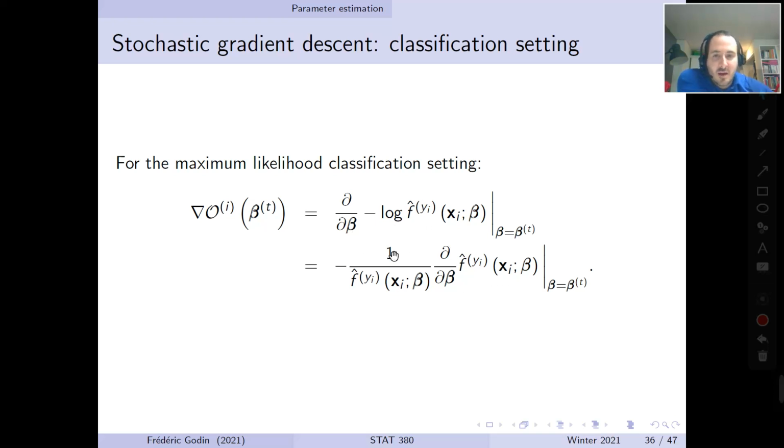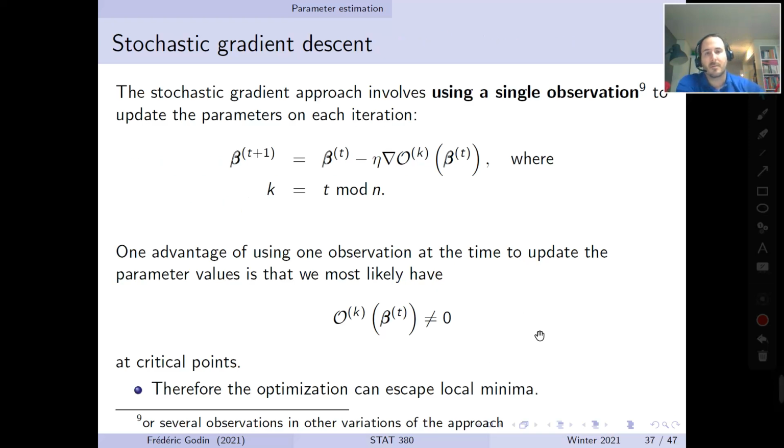Once again, this quantity is known, but this is the unknown part that we have to calculate. So what will be done in the rest of these slides is to show how to calculate the derivatives of predictions with respect to the parameters of the neural network.